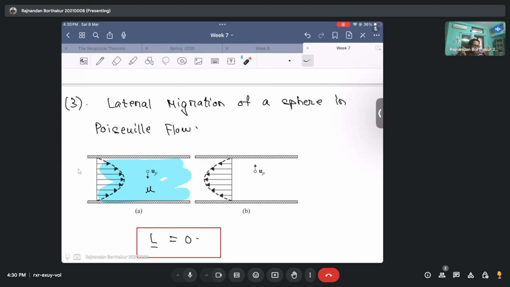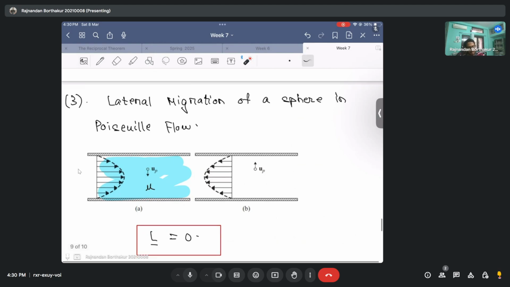And since the governing equations are linear, this can be done, and that's why if in the first case there is no lift, it cannot happen that reversing the direction of the flow will generate any lift forces. Again, because my governing equations are linear in nature, the sphere won't suffer any lateral migration when subjected to a parabolic flow if I don't have inertia in the picture, or we are in the limit of creeping flows.